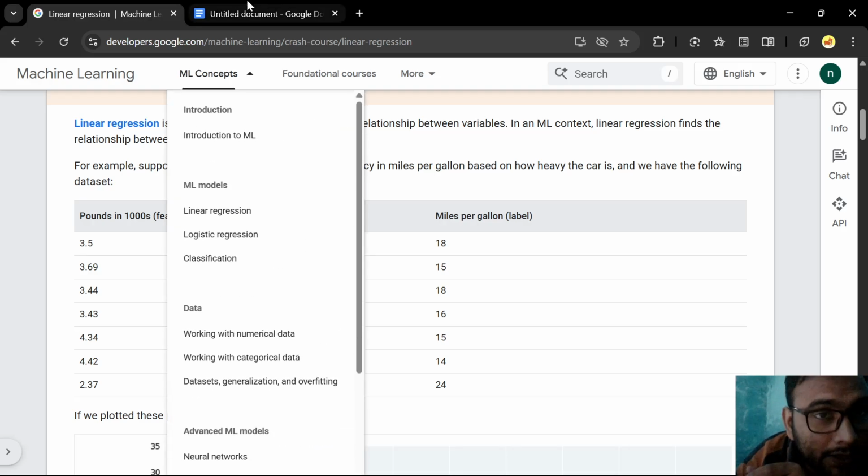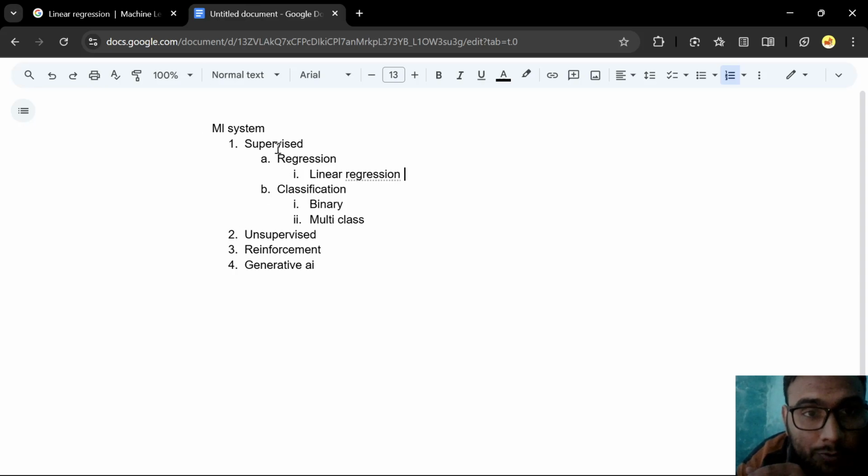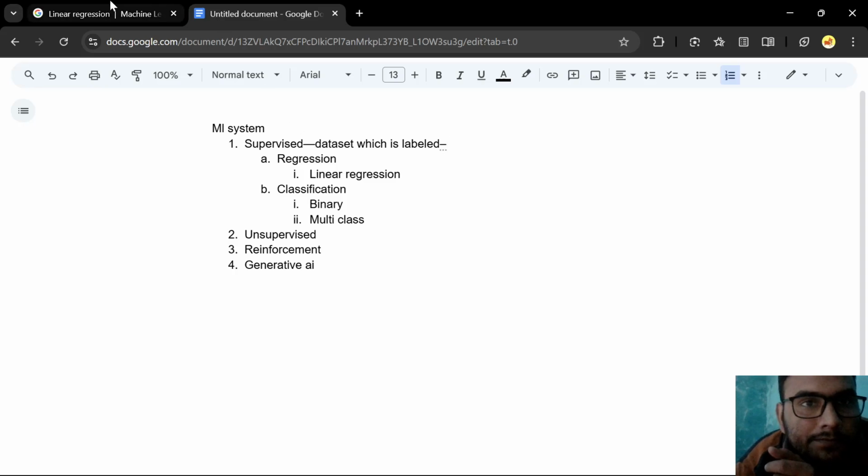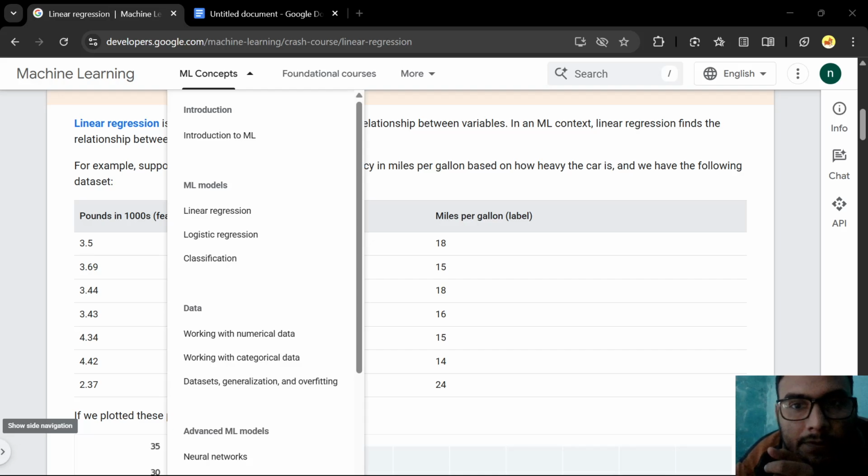In supervised learning, we provide a labeled data set, and we also provide correct results for training so that the model can compare and see how close it is to the correct results.